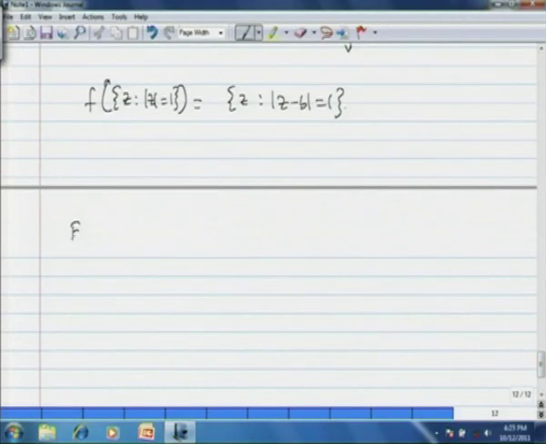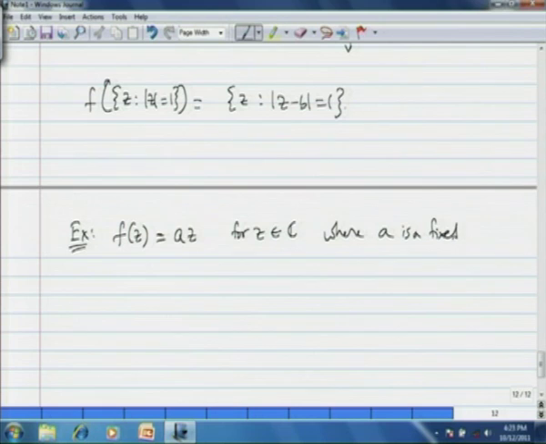Here is an example, f of z equals a z, for z belongs to C, where a is a fixed non-zero constant.